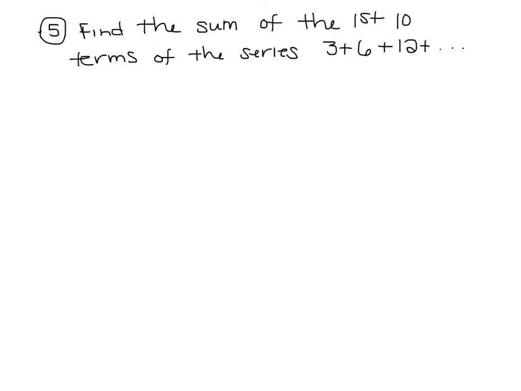Okay, just for practice, S sub n for a geometric series is equal to a sub 1 times the quantity of 1 minus r to the nth all over 1 minus r.